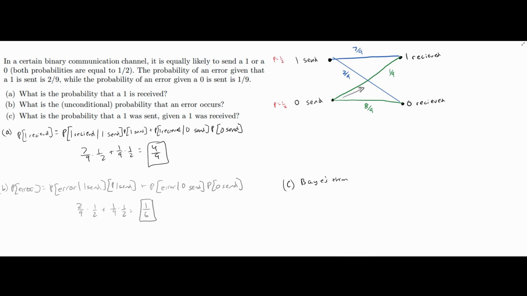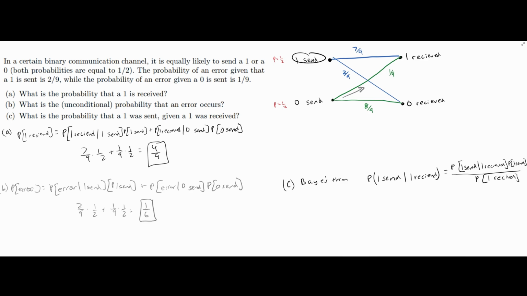Essentially, we have the probability of our 1 being sent given we have a 1 received, multiplied by the probability that we have of our 1 being sent, and this is going to be divided by the probability of our 1 being received. I probably spelled that wrong, but that's the general gist of it.